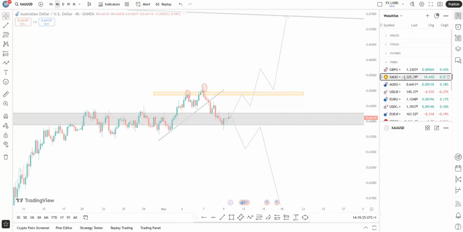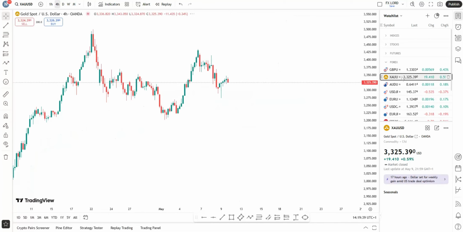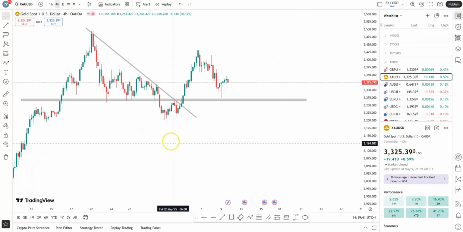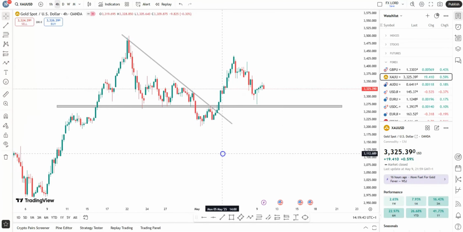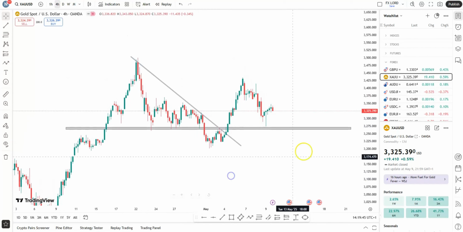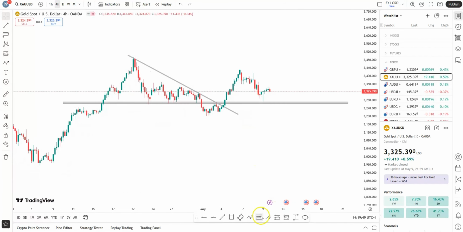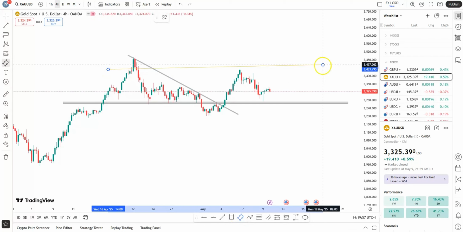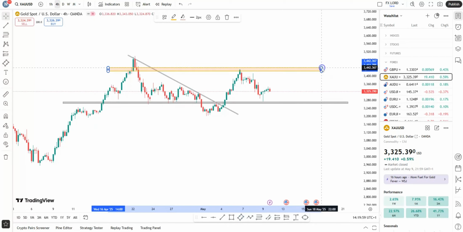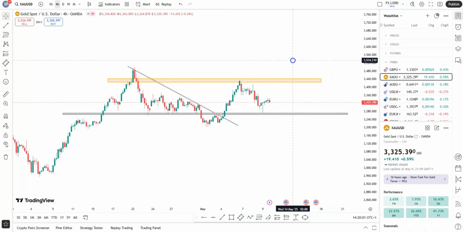So XAU USD, like we looked at it last week, we are going to be looking at XAU USD again, and XAU USD is still on a bullish momentum, is still bullish at this level. So if I draw out my minor support, my minor resistance around here, so if I draw out something like this, so this is what I'm looking out for on XAU USD at the moment.